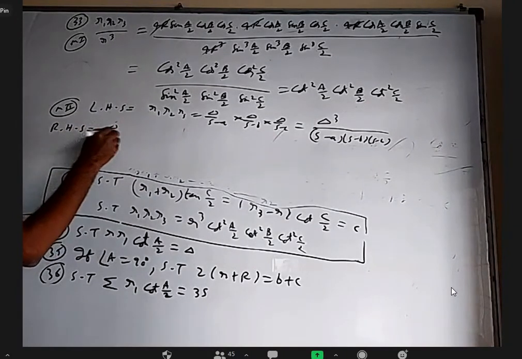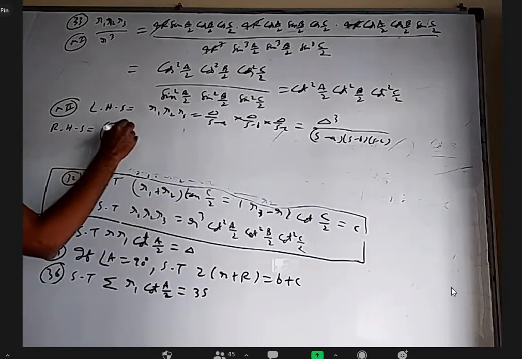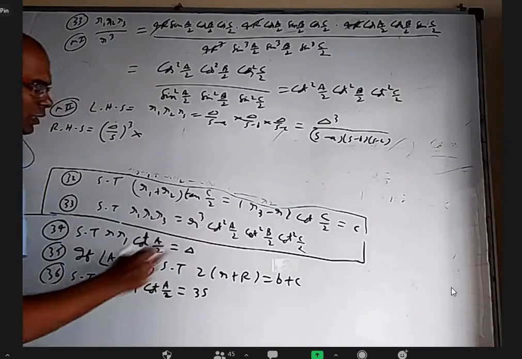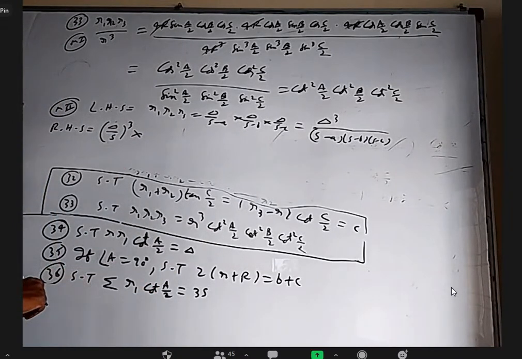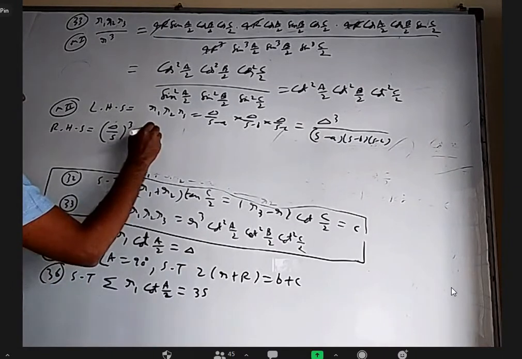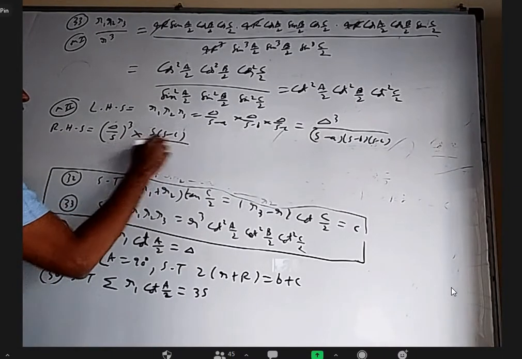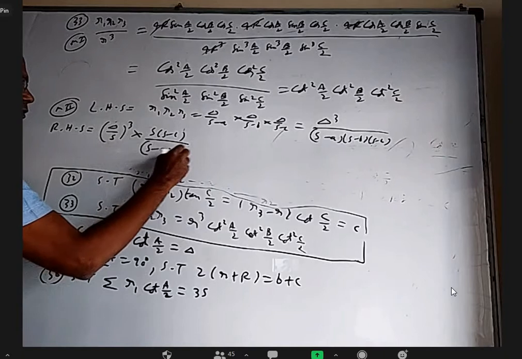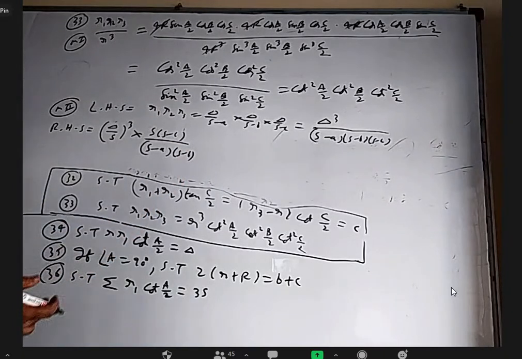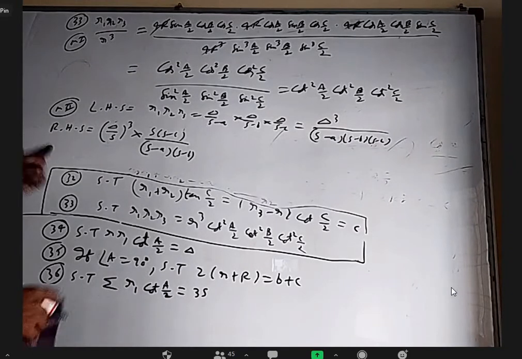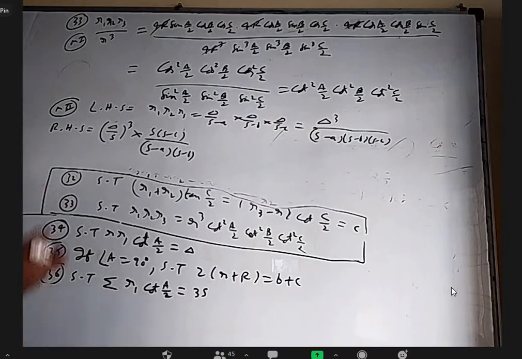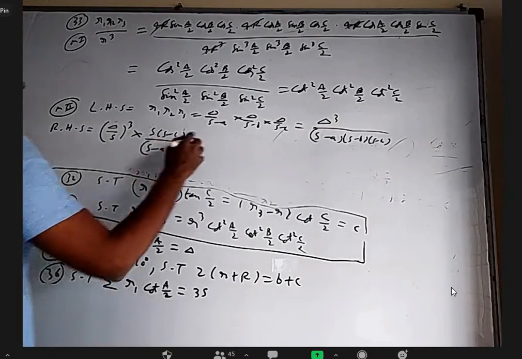R cube is delta by S whole cube. And cot square A by 2 is S into S minus A by S minus B into S minus C. Or I can use in terms of delta that way also. In terms of delta, it is S into S minus A by delta, whole square will come. So S square into S minus A whole square into delta square. Or let me just write this much, we'll see.